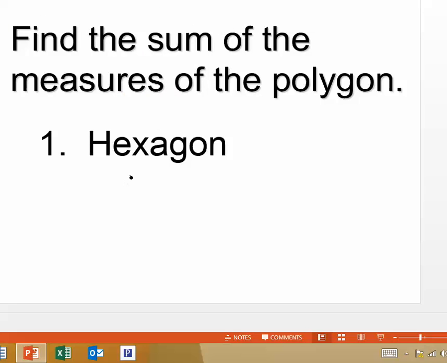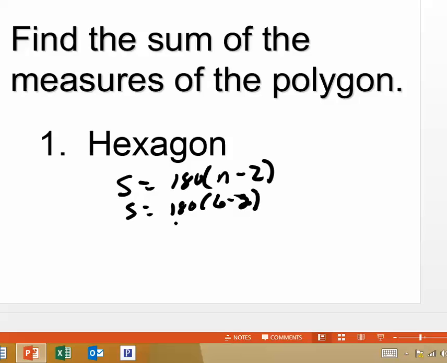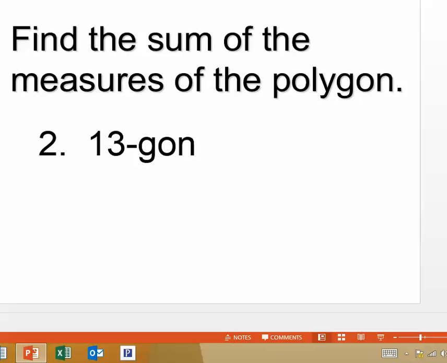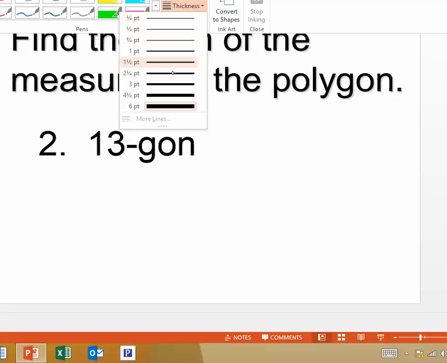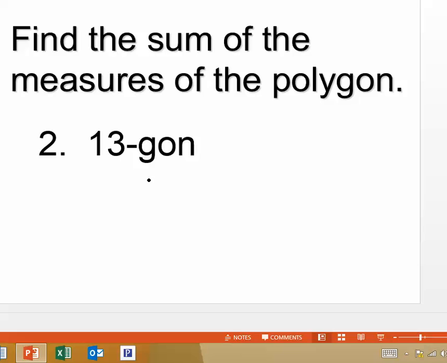Hexagon has 6 sides, so the sum is equal to 180 times n minus 2. Sum is equal to 180 times 6 minus 2. 180 times 4. 4 times 180, the sum is equal to 720. We have a 13-sided figure.